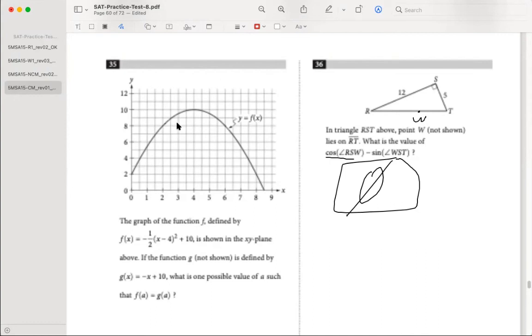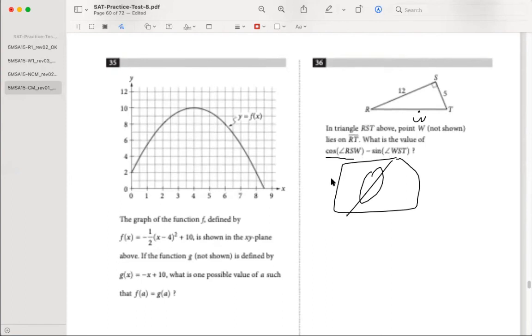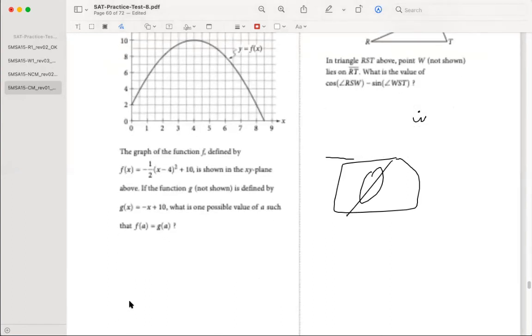Zero is also a very valid answer. Oh, you guys can hear me, right? I'm just making sure. Okay. Well, yeah, zero is a valid answer choice. So, yeah, there's nothing wrong with it.